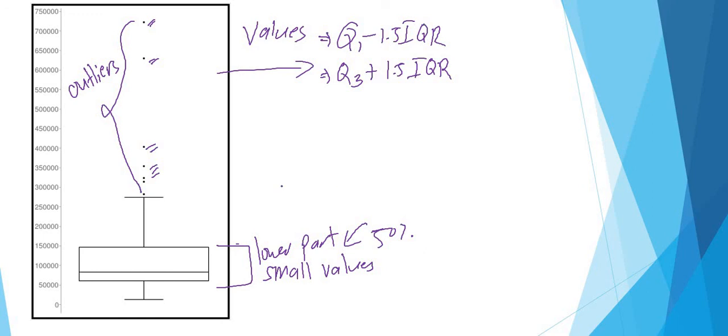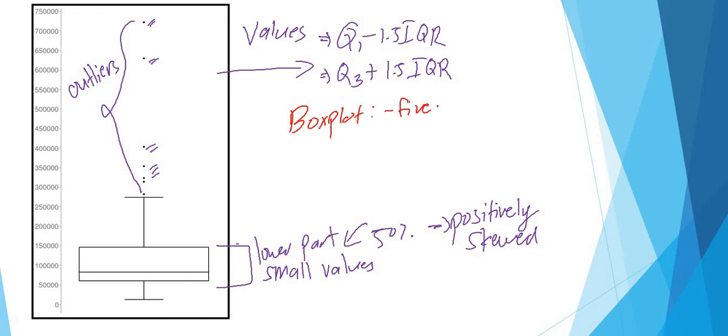So that means we can say that this is, again, a positively skewed distribution, meaning we are expecting much more low values, and we have quite a lot of outliers in this distribution. So mainly, a box plot can tell us the following. If it's labeled, we can get the 5-number summary.